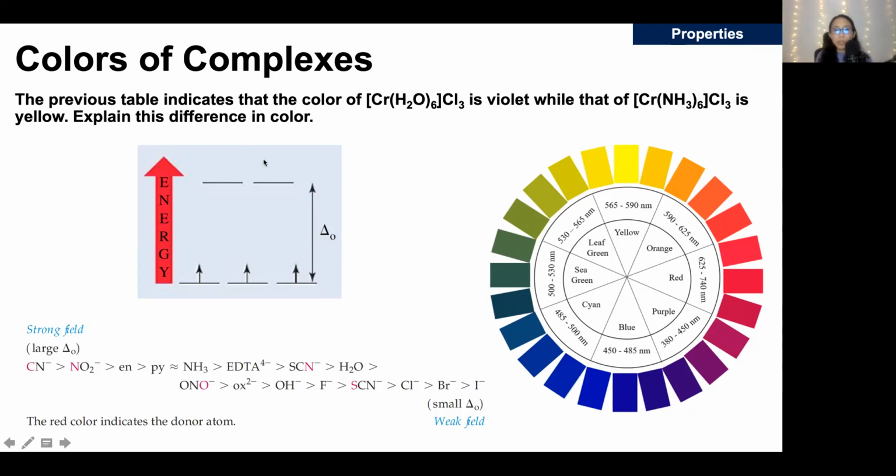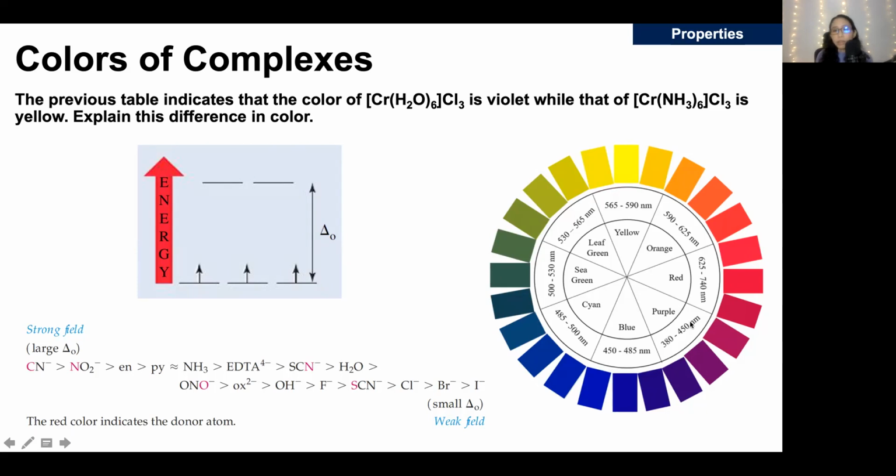So let's look here. If it's violet, then it's absorbing green, as indicated in this color wheel. And if it's yellow, it's absorbing in the blue region.